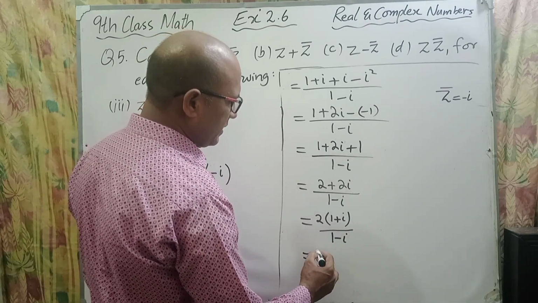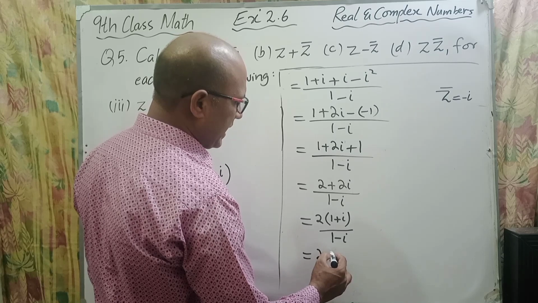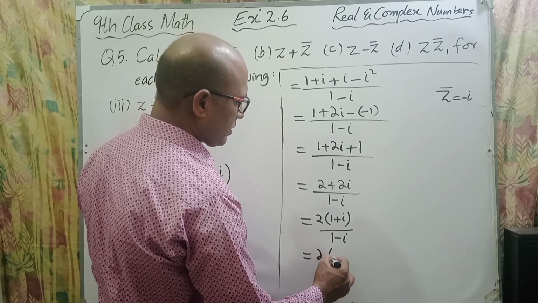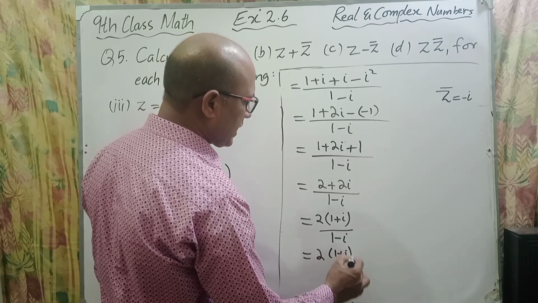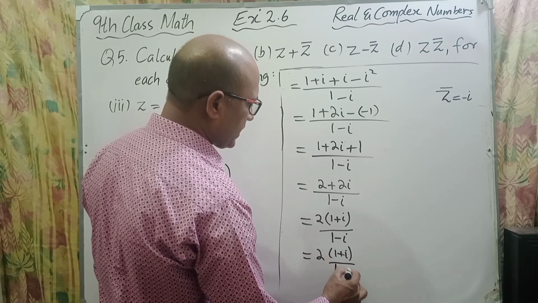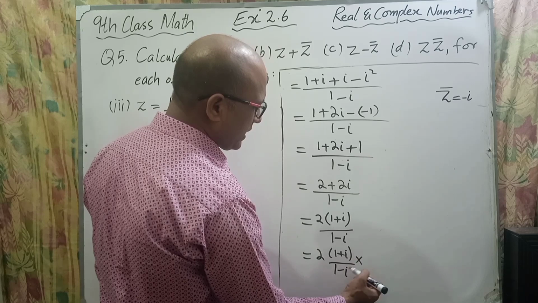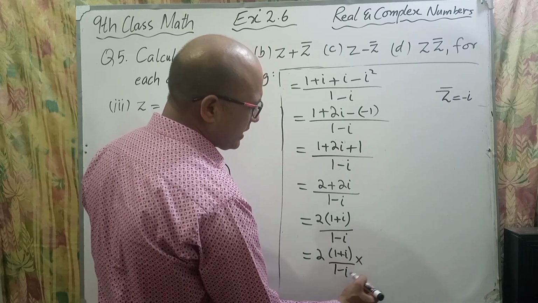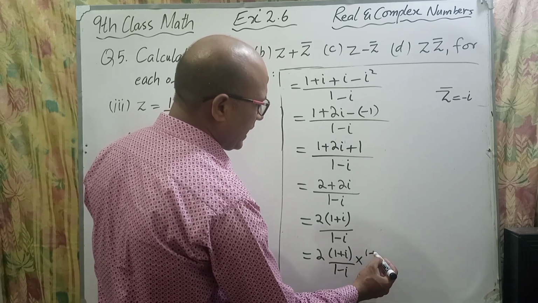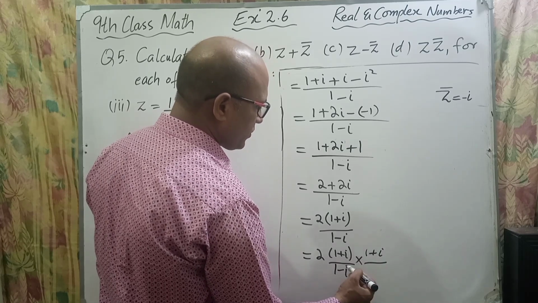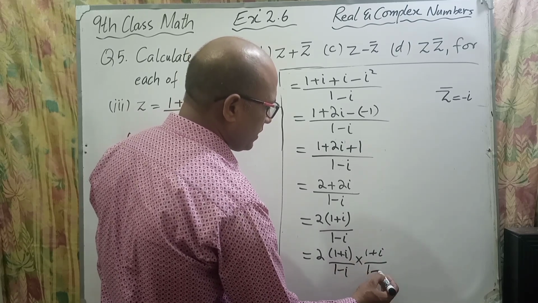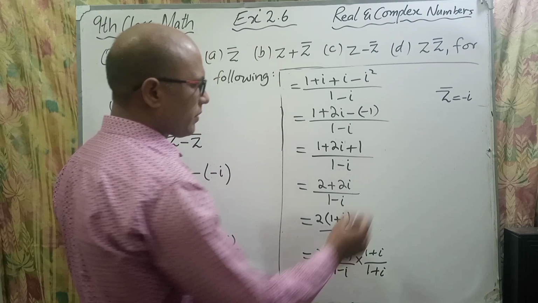Students, here again we'll do rationalization. 1 plus iota over 1 minus iota, the denominator, by changing the sign of the imaginary number, we will multiply and divide with 1 plus iota.